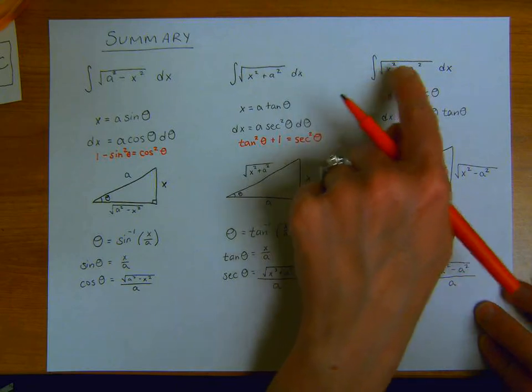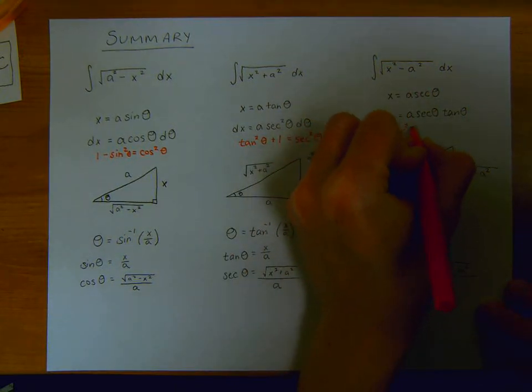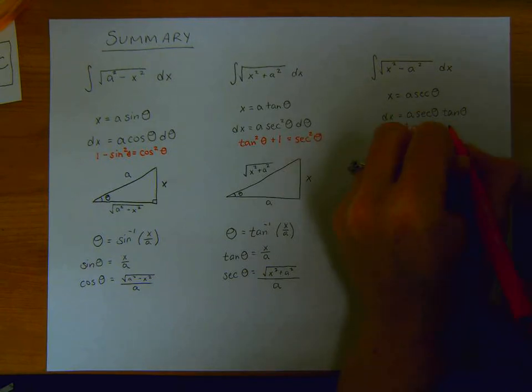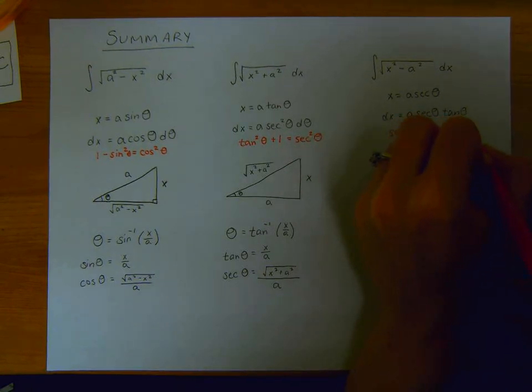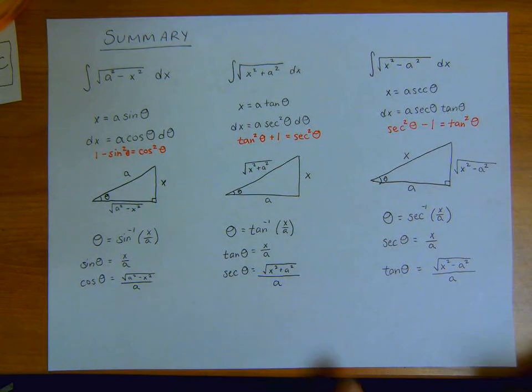And then finally over here, we use the fact that secant squared theta minus a constant, or minus 1, is equal to tangent squared theta. And these were the triangle substitutions. One of the tricky parts of this section is the fact that even once you can simplify it into a trig integral, sometimes those trig integrals are really hard and you're going to need a table to evaluate them. And that's one of the reasons why I will provide a table to be able to evaluate some of these tricky substitutions, or tricky integrals.